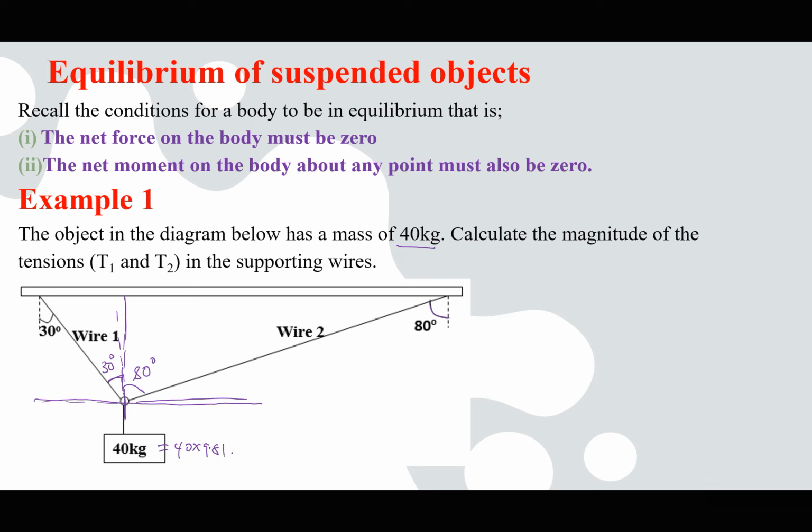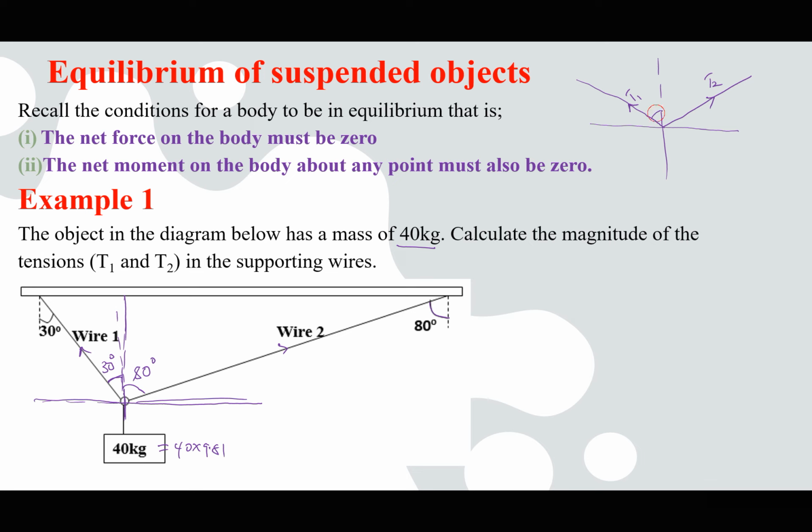So I'll come up with a simple diagram for the forces acting. I have this horizontal line here. There is tension in this wire here. Of course, tension always points away from the object. So I'll call the tension here T2, and I'll draw this line also, and I'll say the tension here is going to be T1.